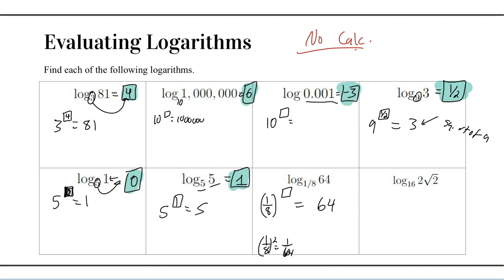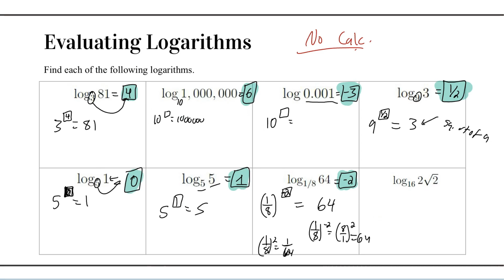Now you just need to reciprocate it, which means we could just use negative exponents, right? So if you made it a negative 2 instead of a positive 2, that would work because we know that 1/8 to the negative 2 is the same thing as the reciprocal, 8 over 1, raised to the positive 2, which ends up being 64. So that logarithm then is going to have a value of negative 2.